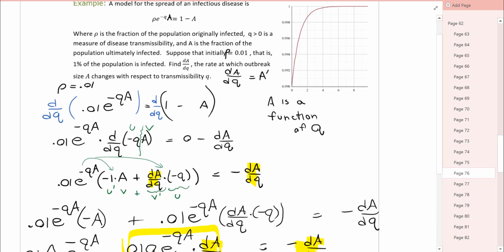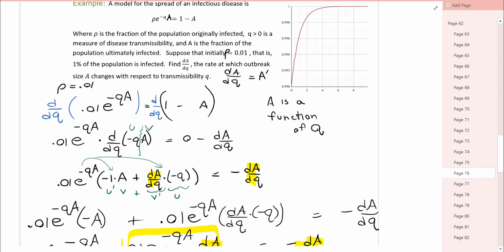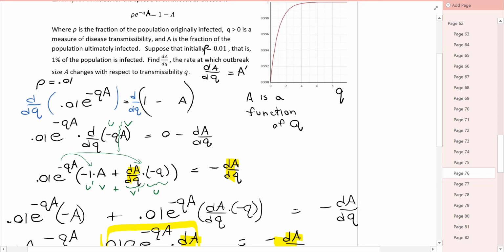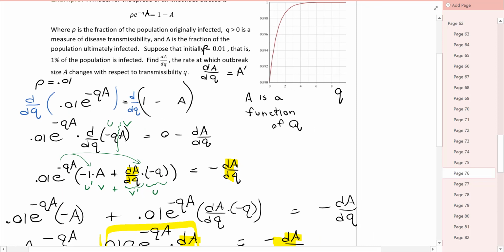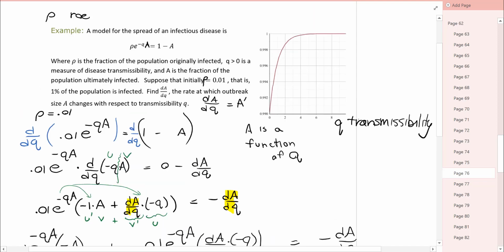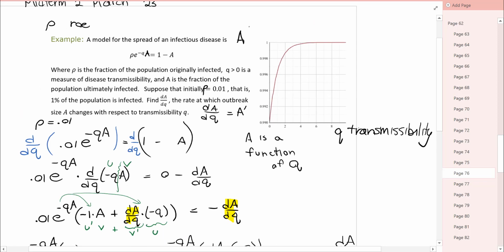So anyways, I guess this is Q here. Q is a measure of disease transmissibility, like how easy it is to transmit the disease. And A is the portion of the population ultimately infected.